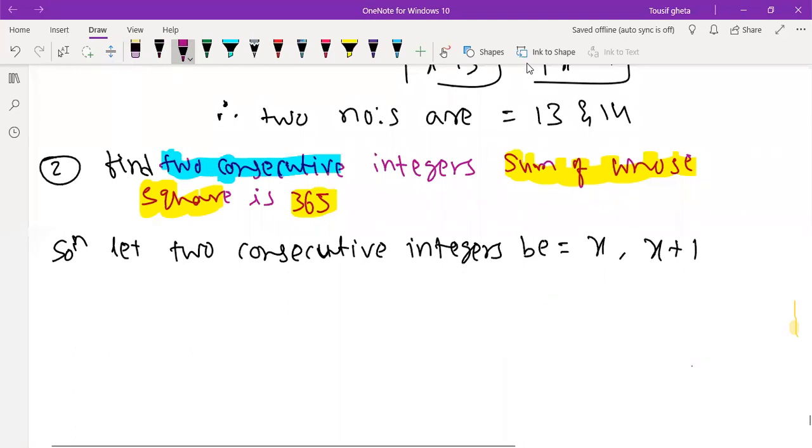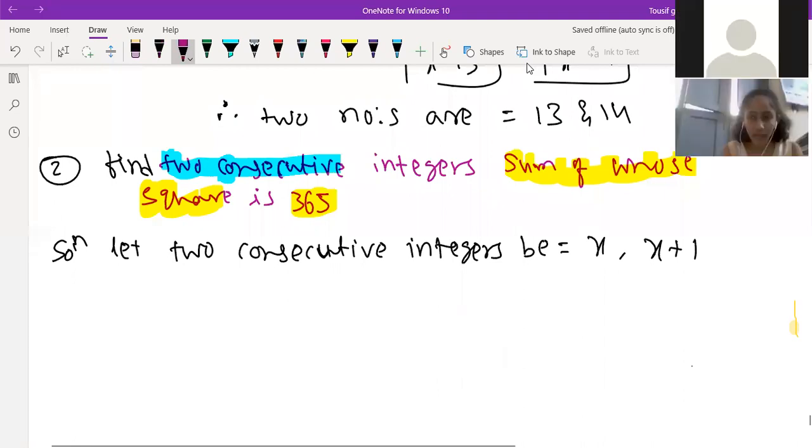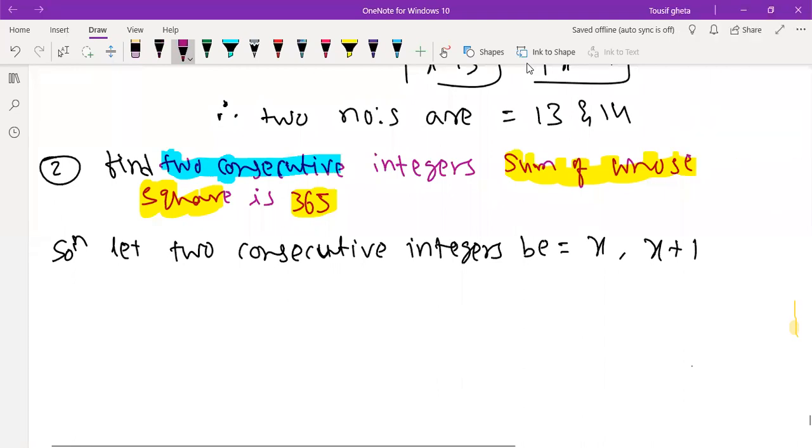Now the next data, what do they say? Sum of... so first we will write sum. Sum of whose square? This is a very important word: whose square? So this is the square and this square, the sum is 365.